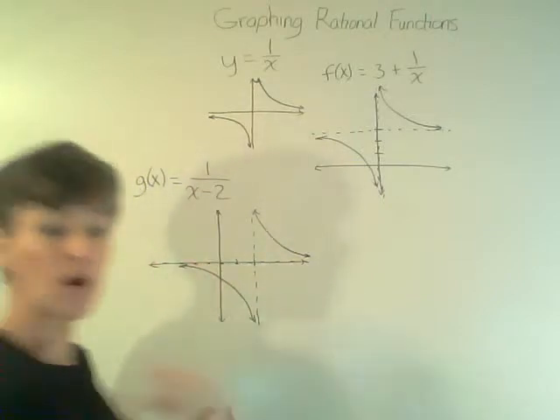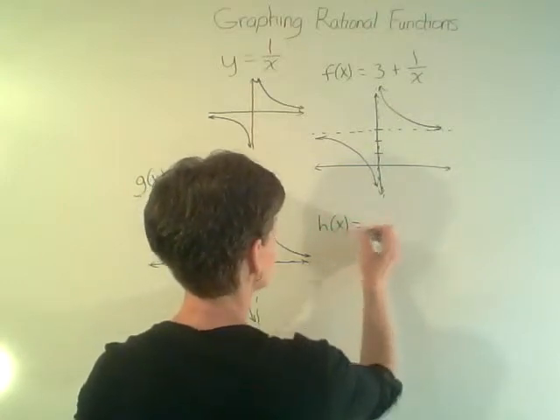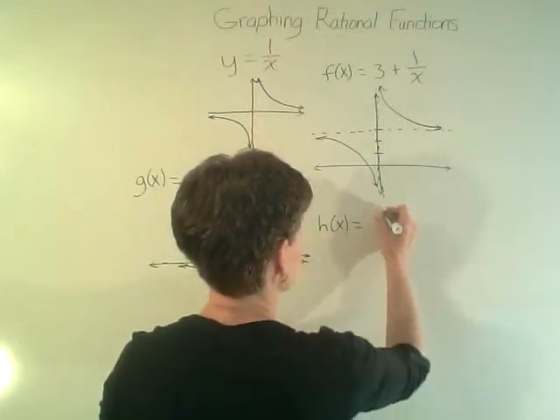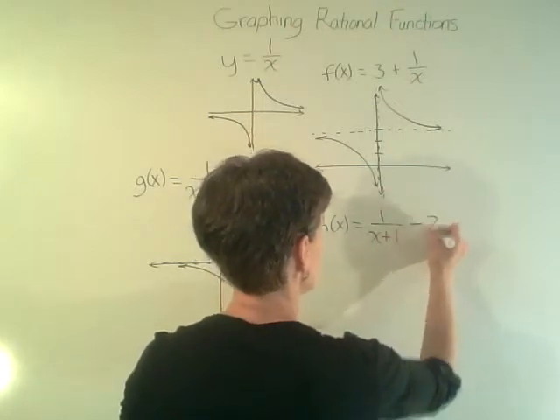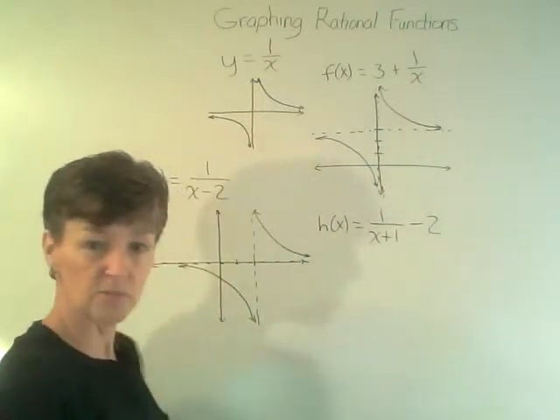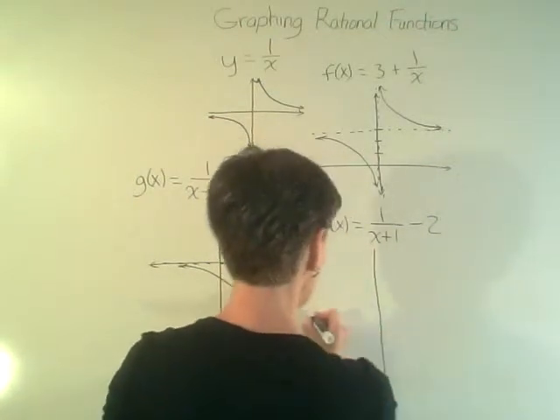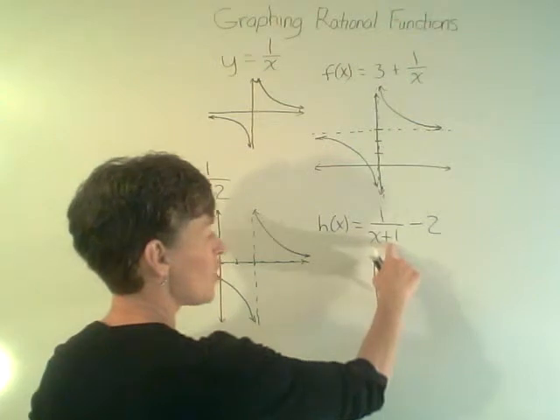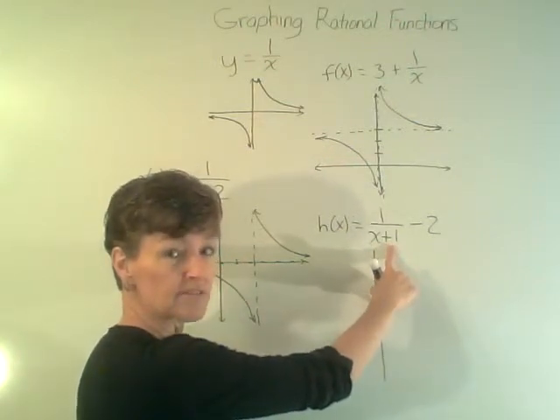All right, well, let's do a combination. So let's say h of x is 1 over x plus 1, minus 2. Now, in this particular equation, we see that we are subtracting a negative 1. Subtracting a negative 1 is the same thing as adding 1.